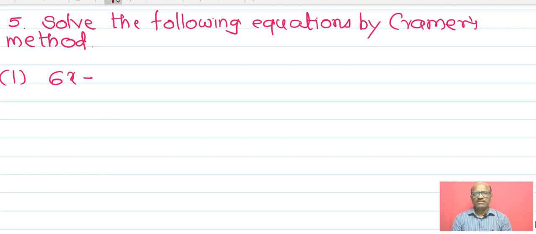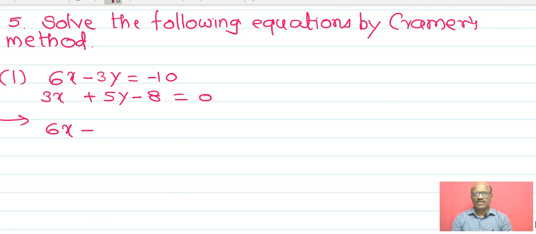Therefore, the first is 6x minus 3y is equals to minus 10. 3x plus 5y minus 8 is equals to 0.